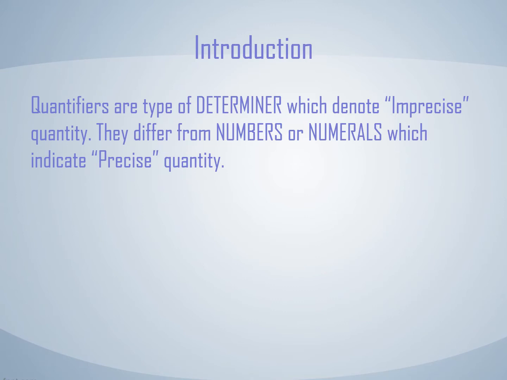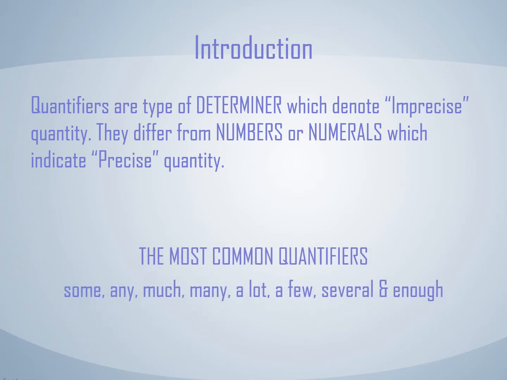But if the quantity is not precise, or imprecise, then we use quantifiers with them. The most common quantifiers are some, any, much, many, a lot, a few, several, and enough.